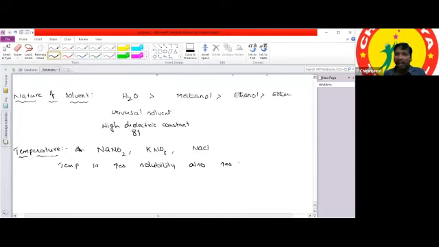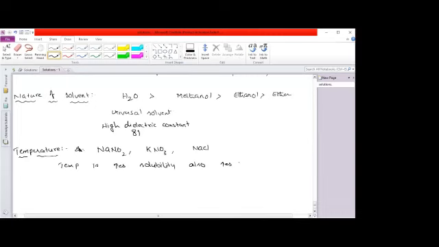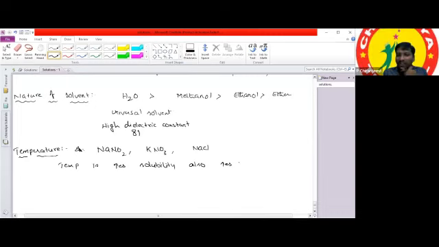Okay, next, pressure. Is pressure affecting the solubility of solids in liquids?